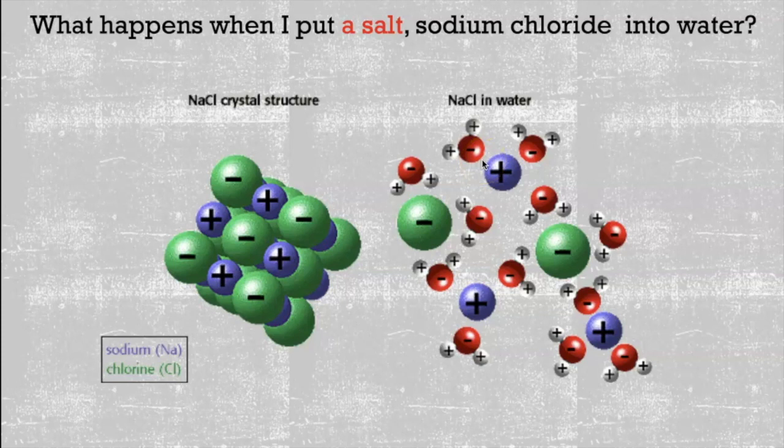So what happens is the water molecule can stabilize, or interact favorably with, a negative ion, shown here with chlorine, by turning the positive end of the water molecule to face the negatively charged ion. At the same time, it can also turn the water molecule the other way, where the negative charge is facing the positively charged sodium atom. So water has a very unique behavior in that it can interact with both positive and negative ions.